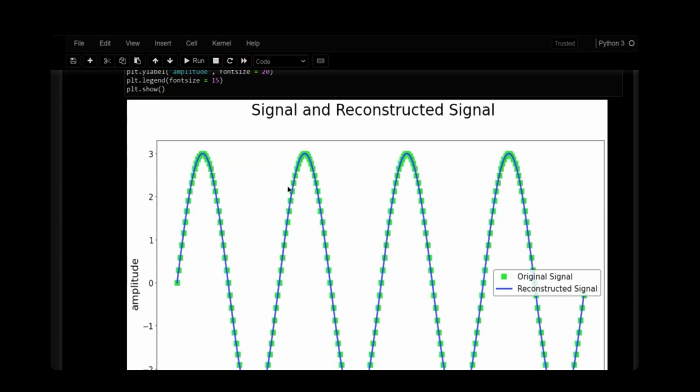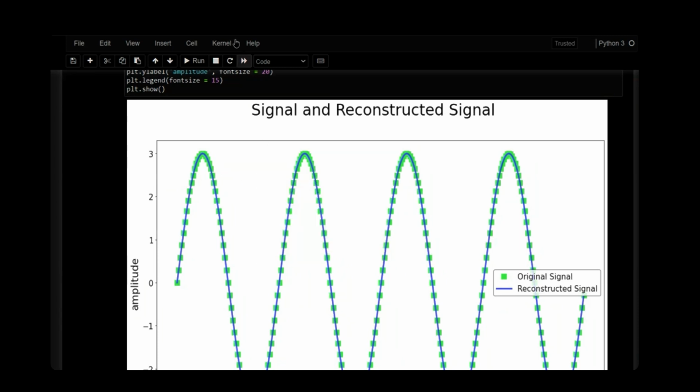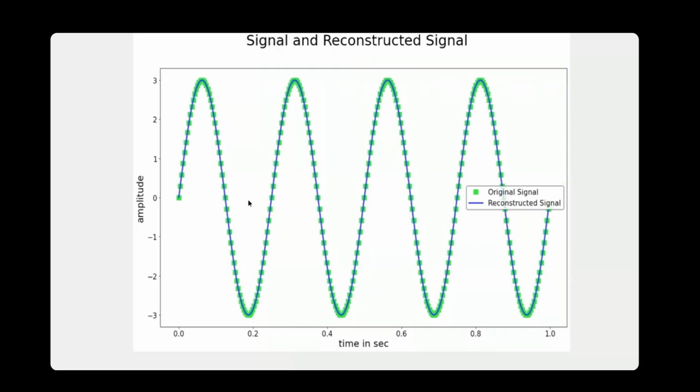So we can see that this is our original signal and this is our reconstructed signal, and both signals are overlapping very well with each other. Let us open this in a new window so that we can see them clearly. Now, we can see that the magenta squares were our original signal, and this yellow line is our reconstructed signal after the inverse Fourier transform, and we can see that both signals are exactly the same.